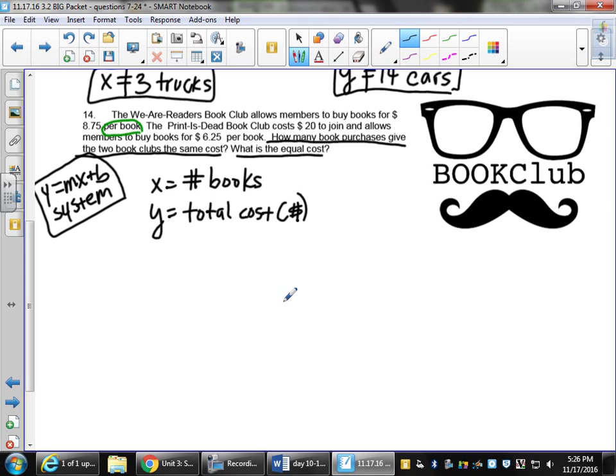We've got 2 book clubs here. It really helps to write them down. We Are Readers is 1, and Print is Dead, interesting name, is the second one.